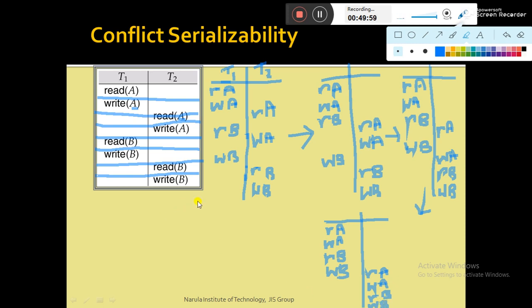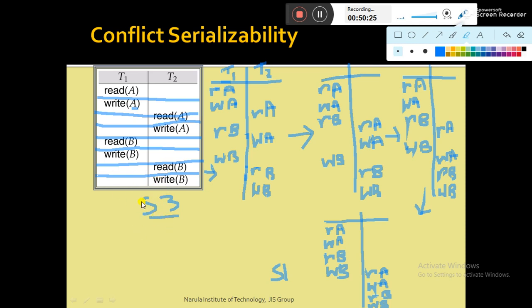So if you look at, we started from here, this is S3, which is a concurrent schedule. Now after a series of swapping of non-conflicting instructions, we came up with another schedule S1, which is a serial schedule.